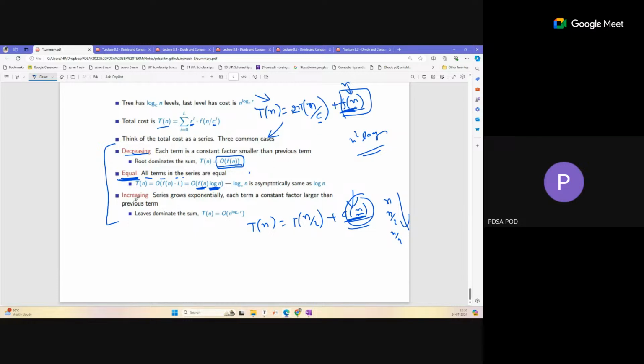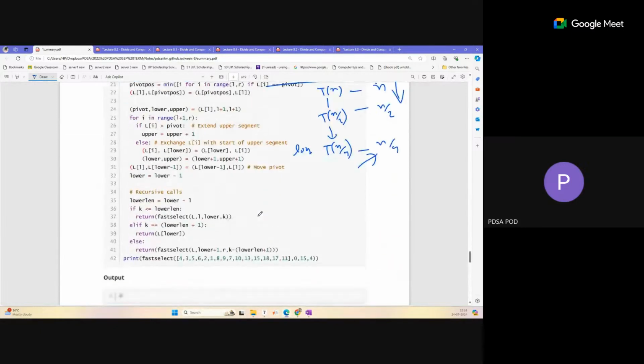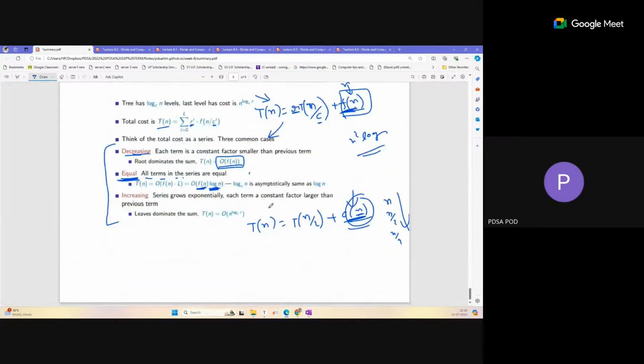And if our number of operations are increasing, the series grows exponentially, each term a constant factor larger than the previous term. Like the Karatsuba algorithm that we have seen. That algorithm was T(n) equal to 3T(n by 2) plus n.